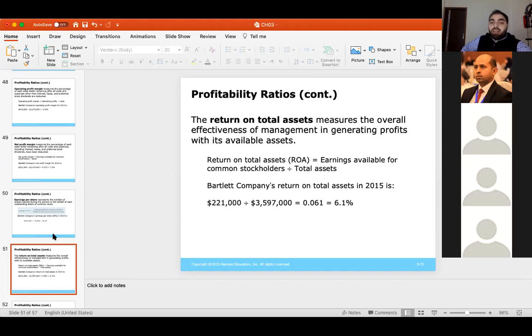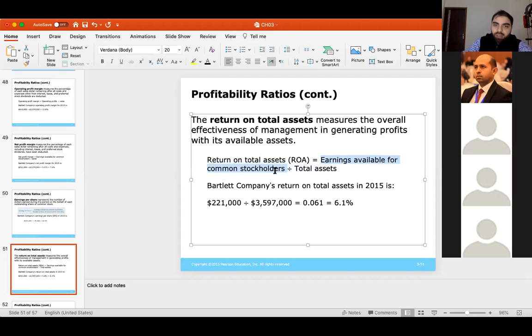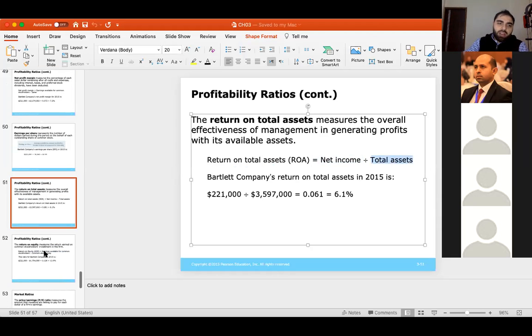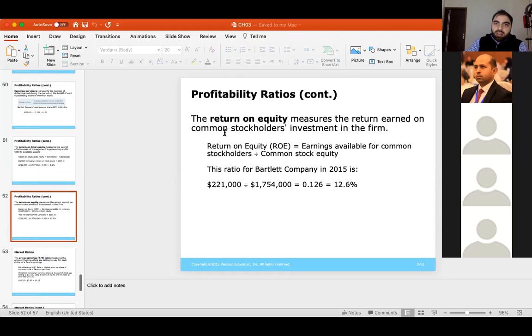Sometimes they divide the net income instead. In my opinion, this is going to be the net income over the total assets. And of course, we can obtain the net income from the income statement, and we can obtain the total assets from the balance sheet statement.